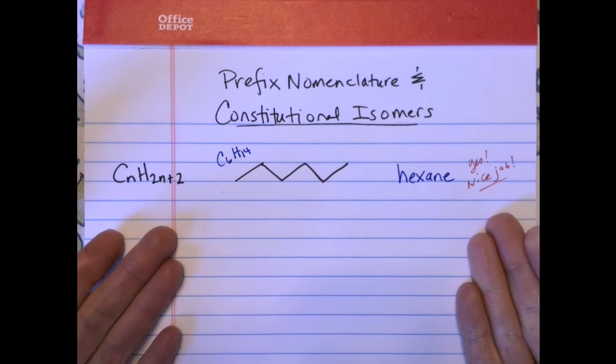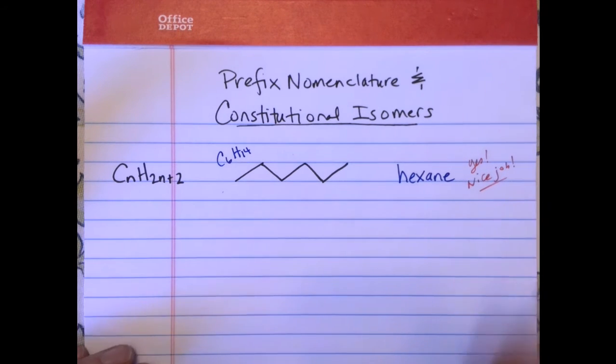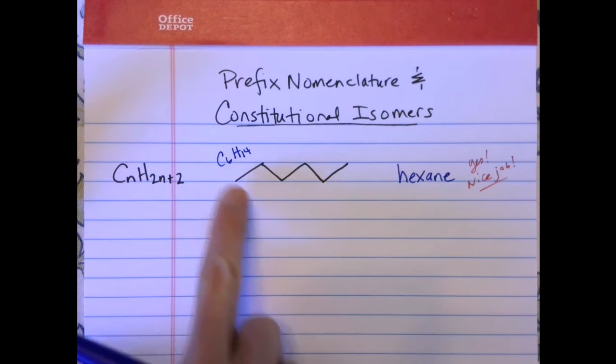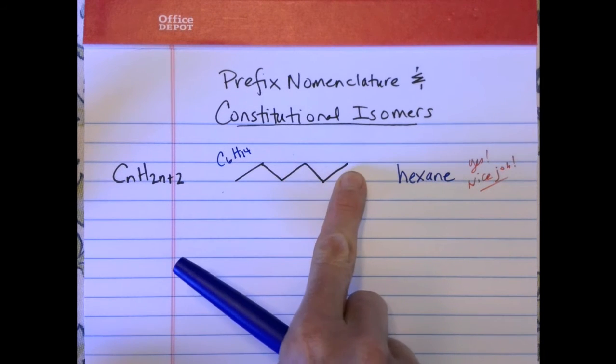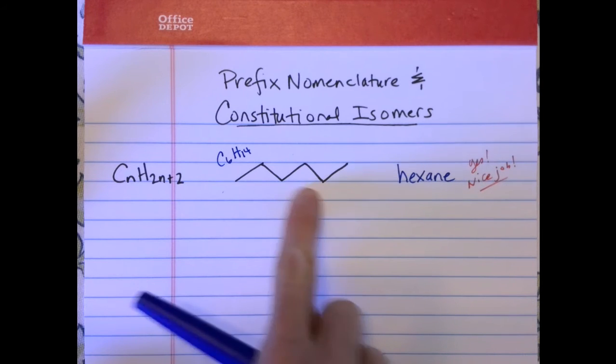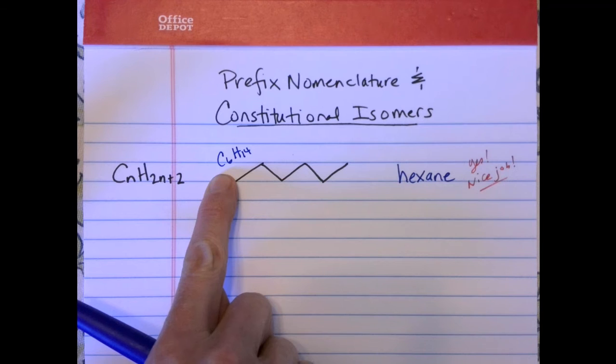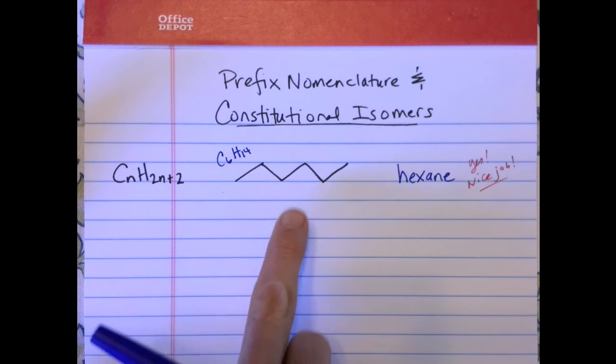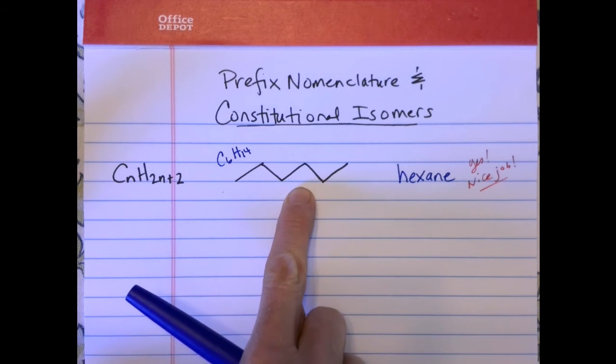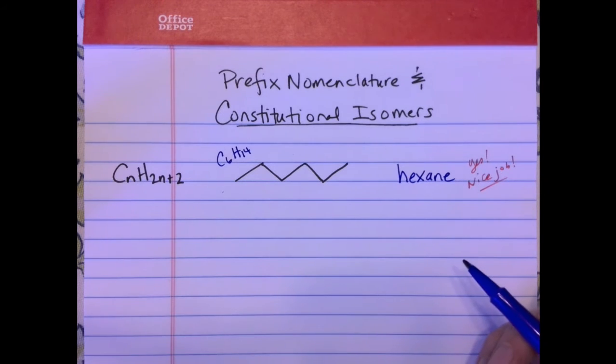And now your assignment is to figure out all of the other isomers of this molecule. This is 6 carbons in a row, but are there other ways that these carbons and hydrogens can be arranged where you still have this formula and it is a different molecule than this one right here? And I'll tell you the strategy ahead of time.